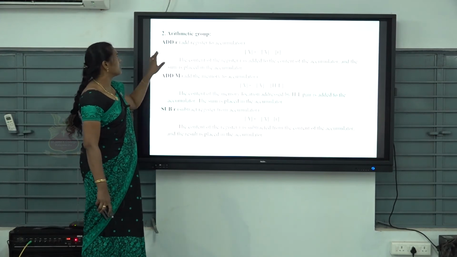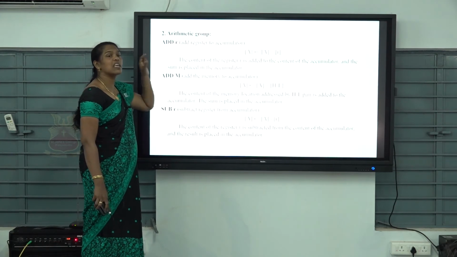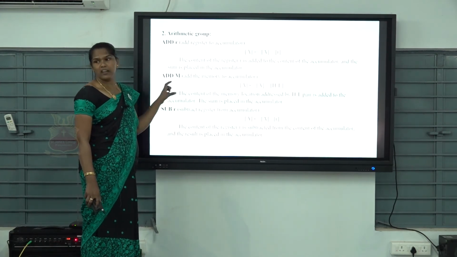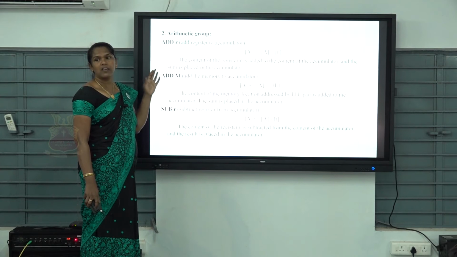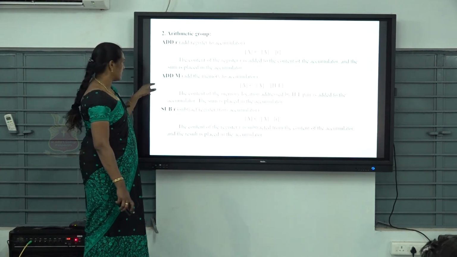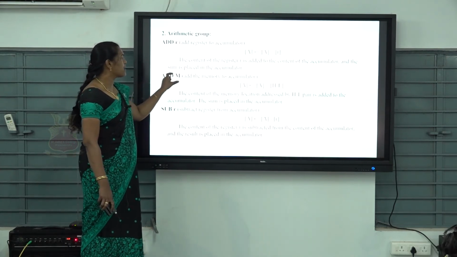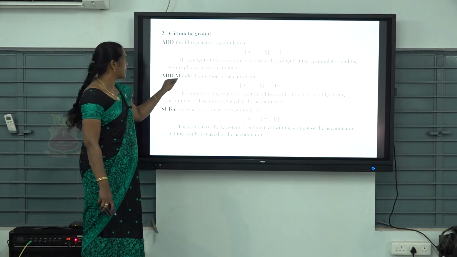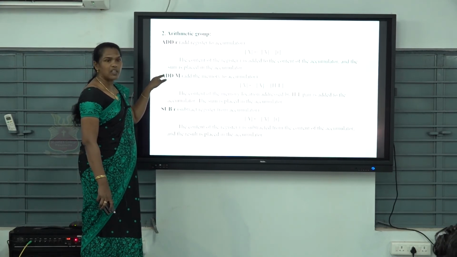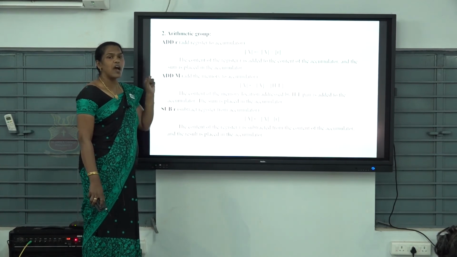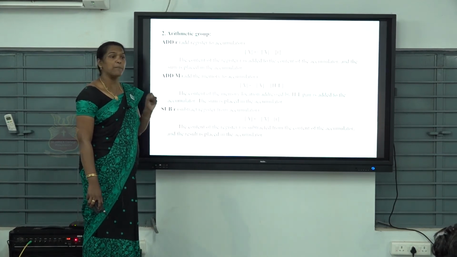For example, if here it is add E, then the E register content is added with the accumulator and the result is stored in the accumulator. Then add M means memory register: the content of the memory register is added with the accumulator content and the result is stored in the accumulator, because the A register, the accumulator, is the main thing.